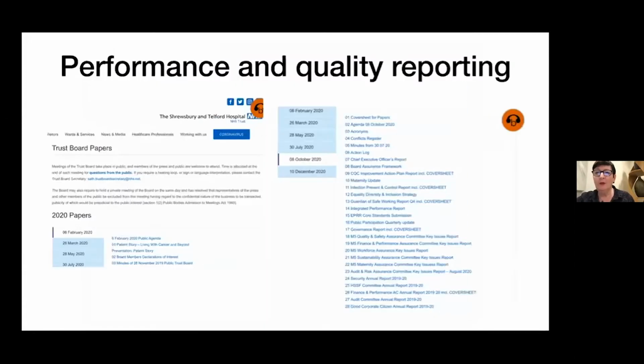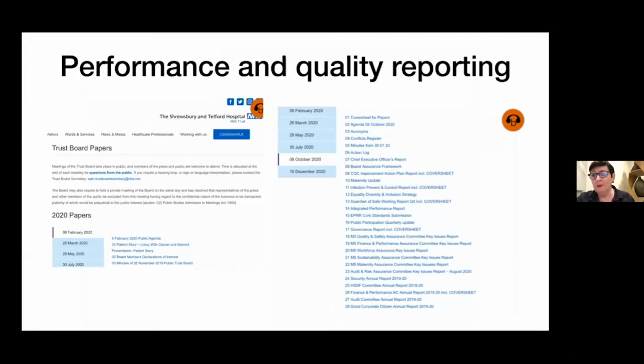You can find examples of performance and quality reporting all over the place, but ones that are particularly fun to look at are your own organisation's performance and quality reports on the trust board papers. Just as an example, see how many times they mention pathology. Not many, but just encourage them to do so.